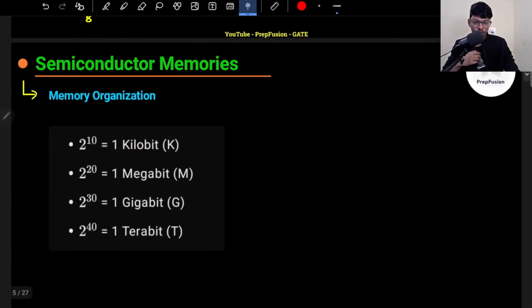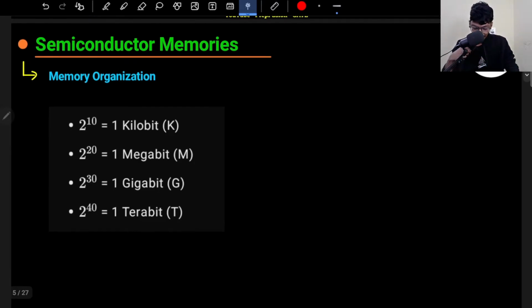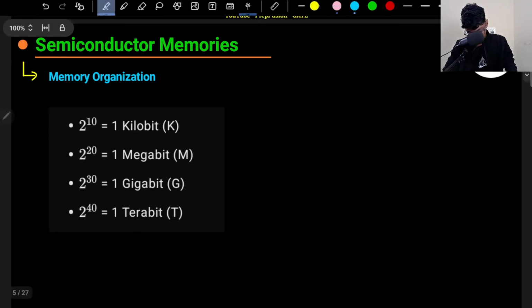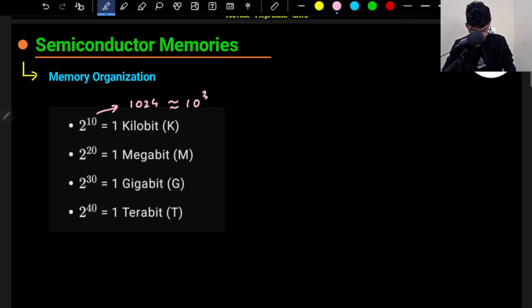A few important terminologies: 2 raised to power 10 is known as kilobytes. Why is it called kilobytes? 2 raised to power 10 is 1024, so I can roughly write this as 10 cube, which is simply kilo. That's why we write it as 1 kilobyte.